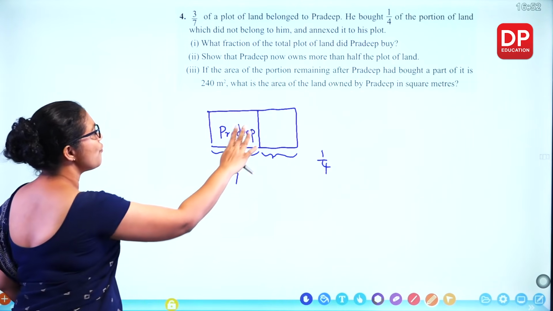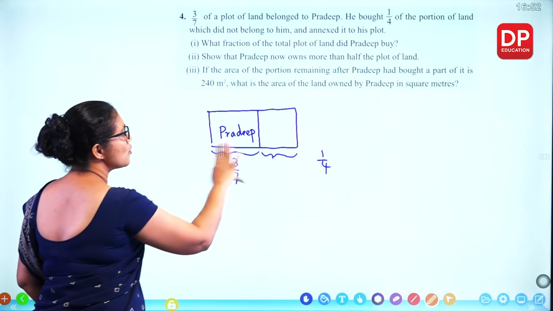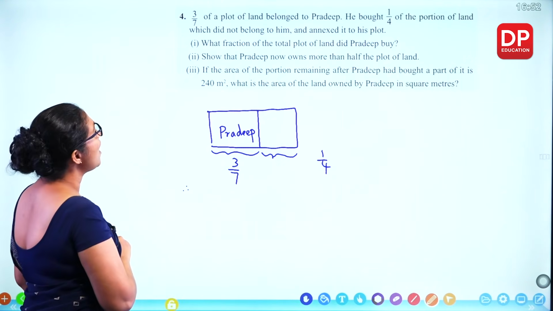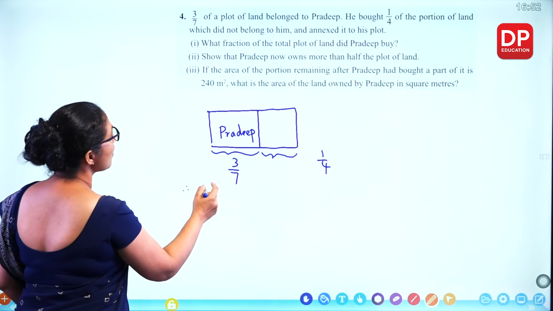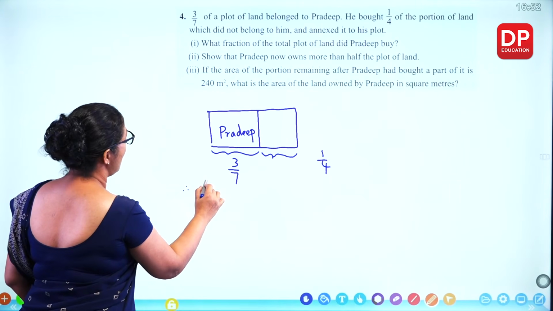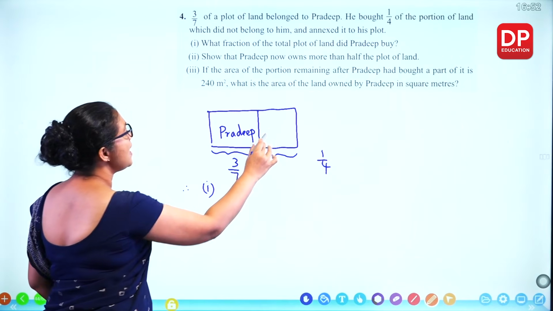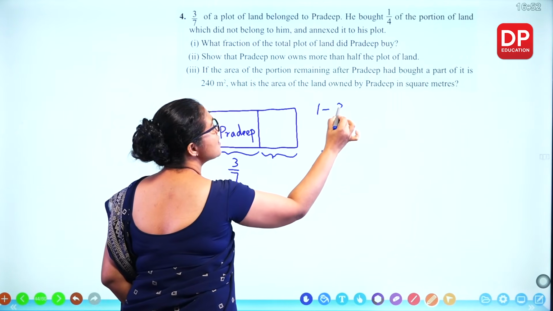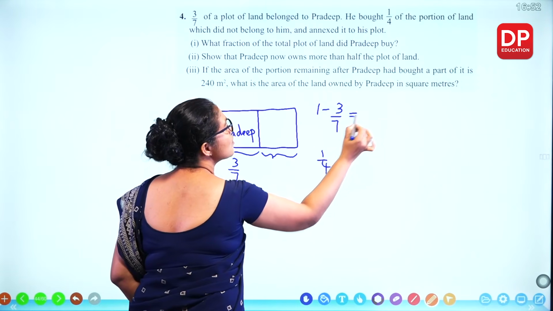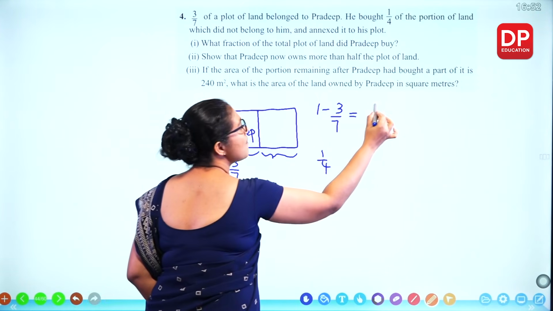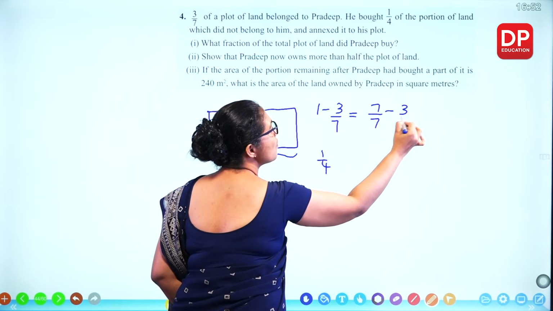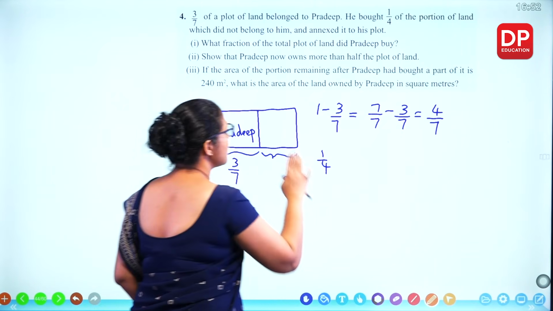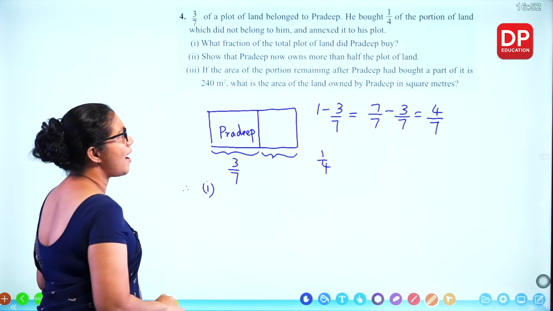How do you find this part? The full part is 1. So you have to first find out the remaining part of this. So here 1 minus 3/7. How do you simplify this? 7/7 minus 3/7. So you get 7 minus 3, 4/7. This is the remaining part.